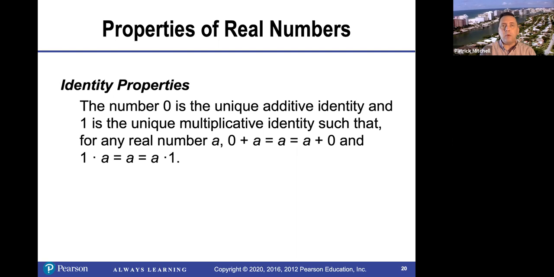And the number 1, which is also a real number, is the unique multiplicative identity. And remember, that just means we're talking about a number that when you do that operation with that number, you just wind up with the same answer. So A plus 0 is always A, and A times 1 is always A.